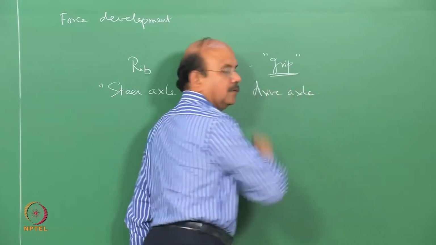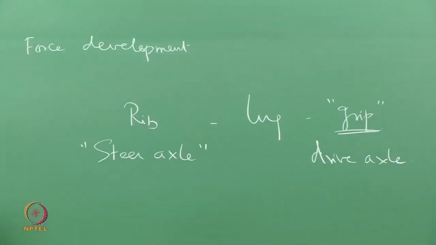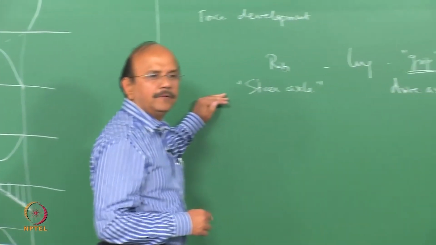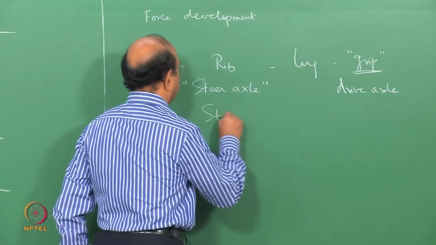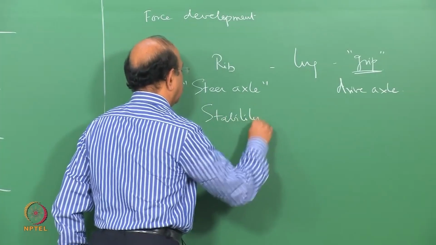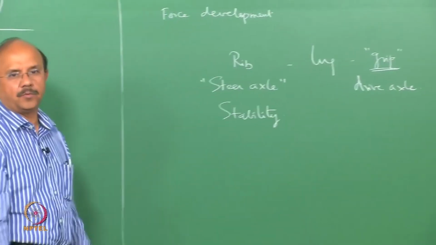Is there a difference between the two? That is the first question. They would also add some things like this: rib tires have steering stability. They would use the word stability.